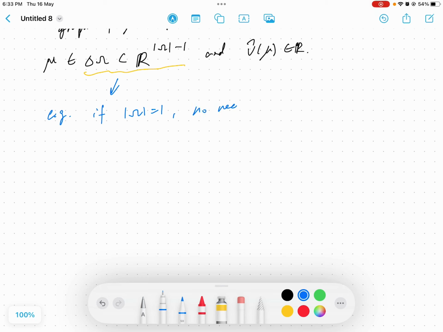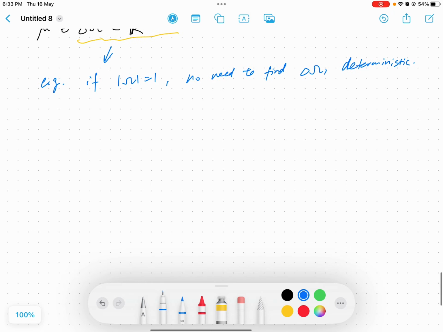It only has one element, so there's no randomness inside.